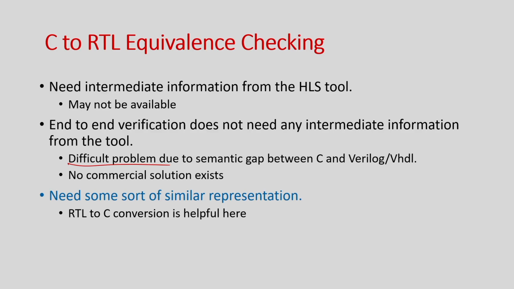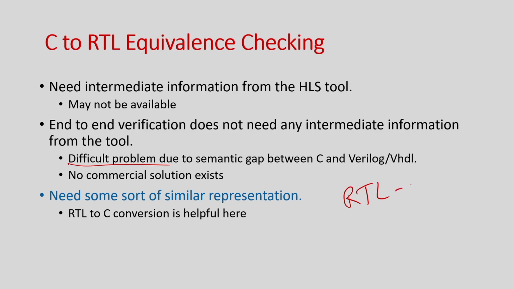The problem statement for today's class is that you are given a C code and an RTL generated by a high level synthesis tool, any high level synthesis tool, from that input C code. I want to check whether the C and RTL are equivalent or not, right. Obviously, as I have argued multiple times, the way C executes and the way RTL executes is completely different.